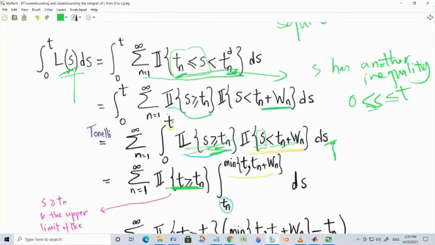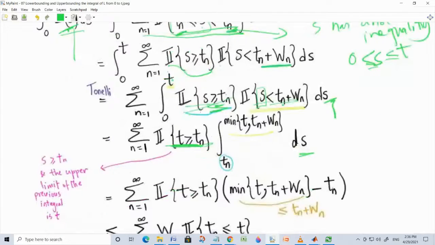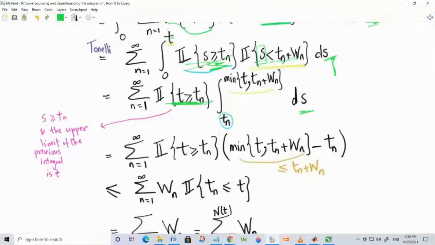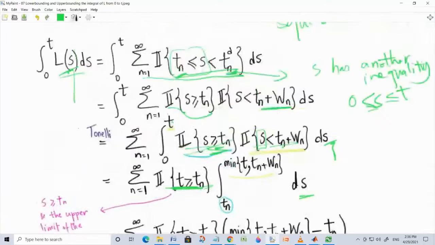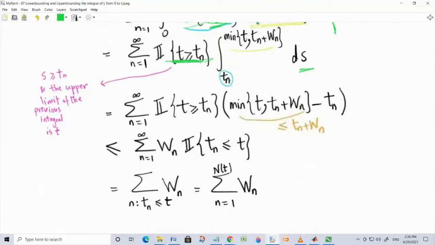Well, if t is less than Tn, then your integral is 0. So you have this indicator here, and then you can just have an integral with respect to s that is free from all indicators, and it is a very doable integral. It is just the difference between the upper and lower limits of integration, which is this quantity. Okay, don't forget, this is the integral from 0 to t of L of s ds.